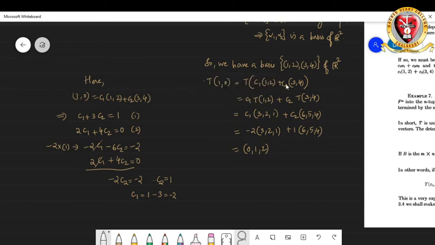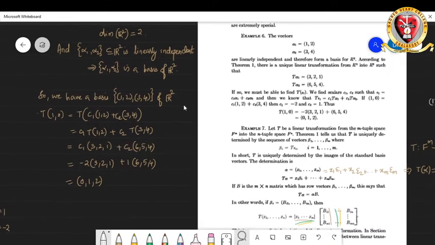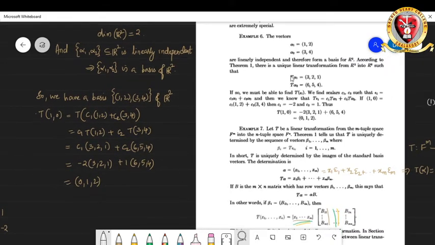You can substitute that here. Since T is a linear transformation, you get c1 times T of (1, 2) plus c2 times T of (3, 4). In the example, from the earlier theorem, if alpha 1 and alpha 2 form a basis for R2, then there will exist a unique linear transformation from R2 to R3 such that T of alpha 1 is mapped to this element and T of alpha 2 is mapped to this element.